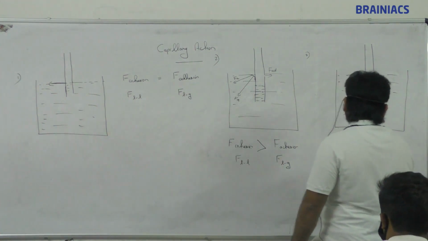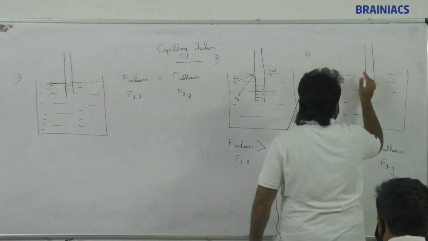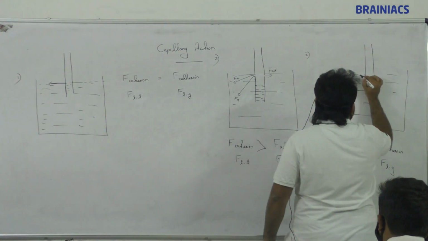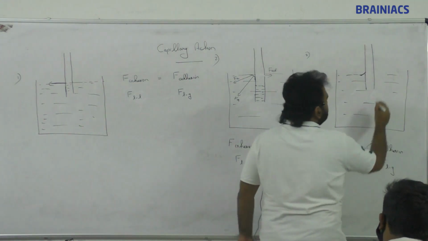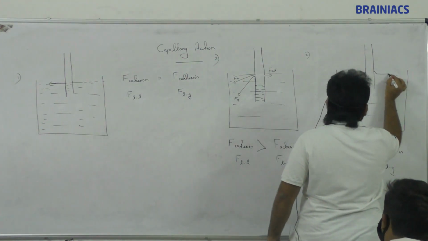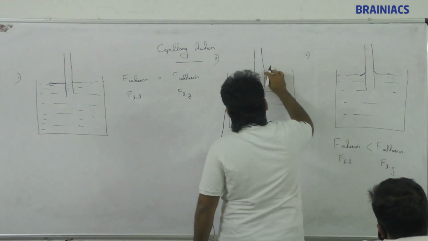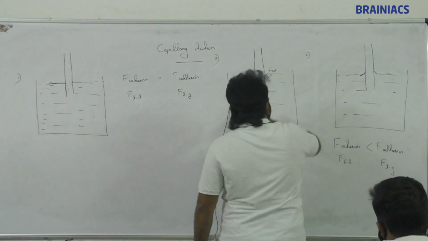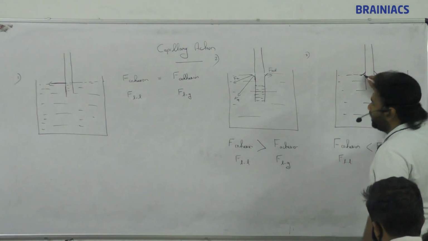If the force between liquid and glass is more, what will happen is this will take a meniscus like this. This side also it will take the meniscus like this. So the water surface is like this.